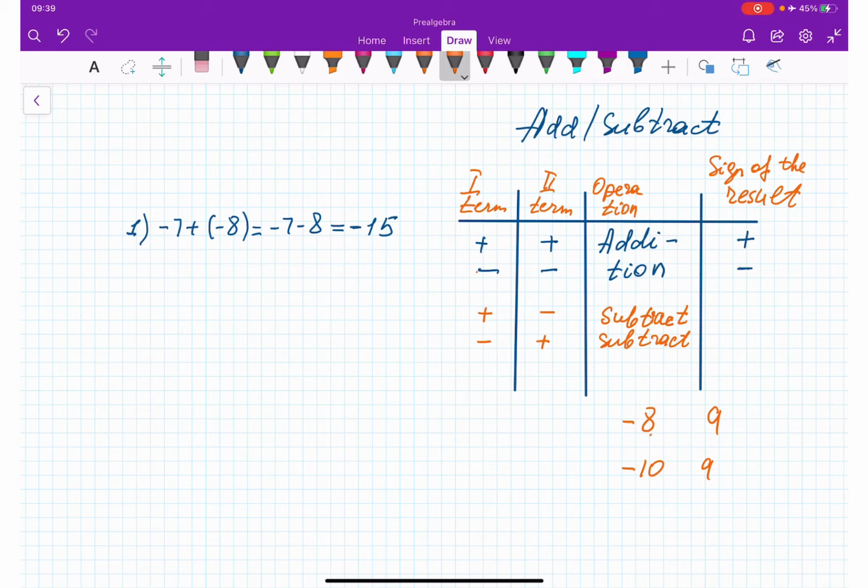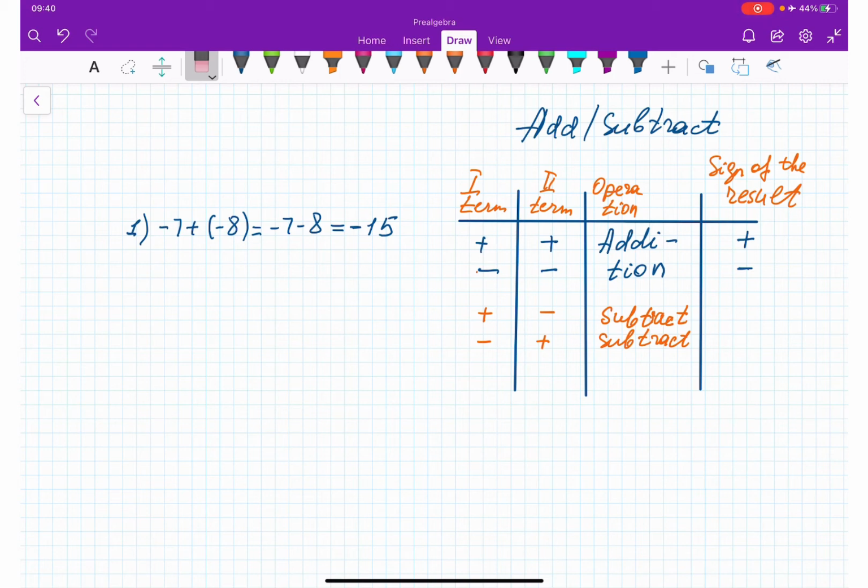So the absolute value of 9 is greater than the absolute value of negative 8. So then I'm going to put positive. For negative 10 and 9, the absolute value of negative 10 is 10, and the absolute value of 9 is 9. So I put the sign of the 10, which is minus. Okay? We will be practicing a lot in homework, so you can get used to it.